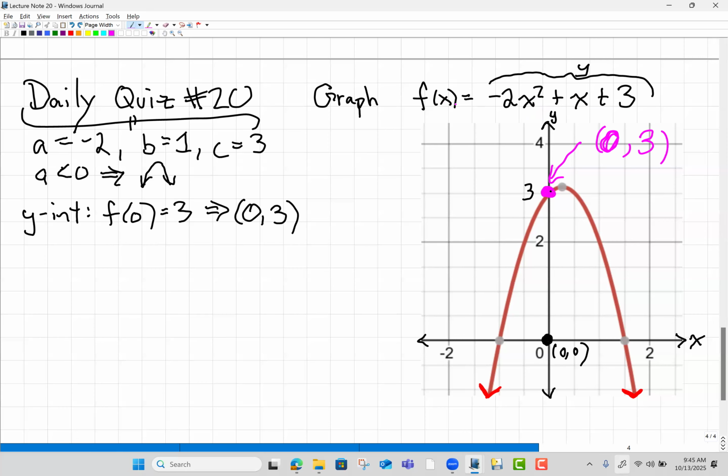So when x is 0, this is the only thing that's left, the 3. So one of the coordinates on the graph is (0, 3), and it's the y-intercept. Does that make sense?